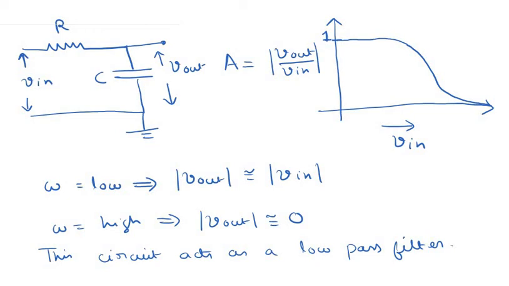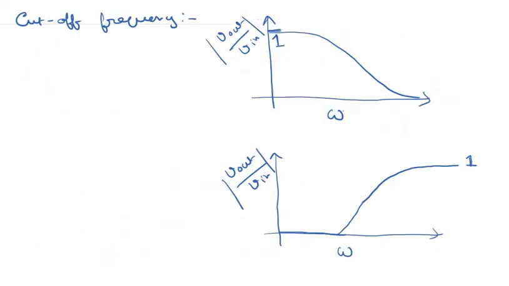So this is the frequency axis over here, omega. Sorry for my mistake. Okay. So now these are basically the characteristics of a low pass filter and a high pass filter respectively. So this is low pass and this is high pass.